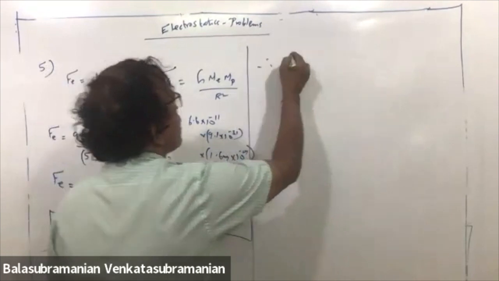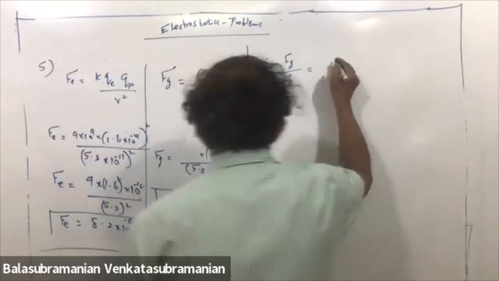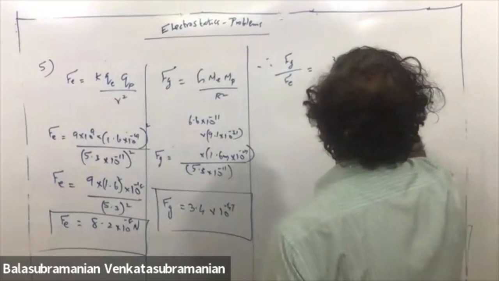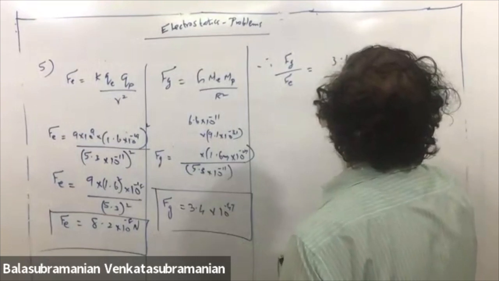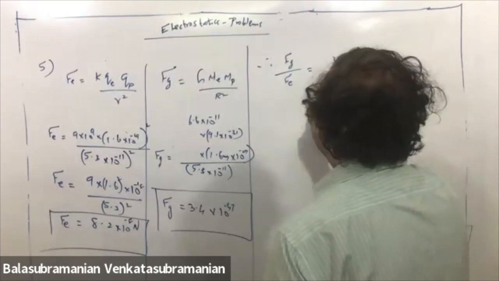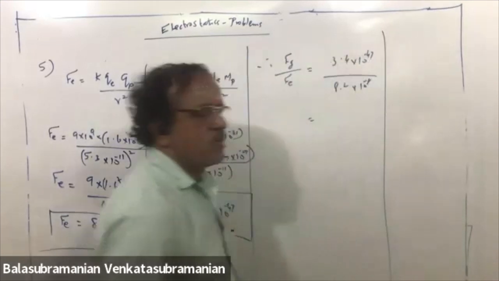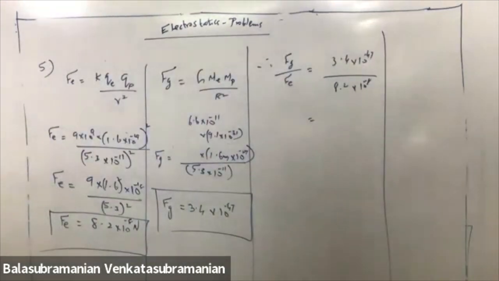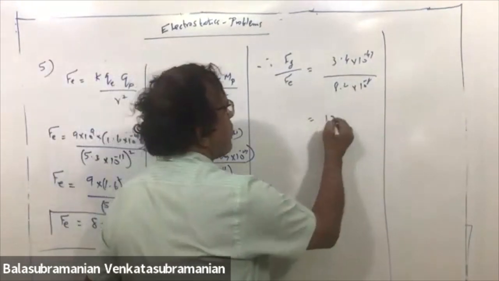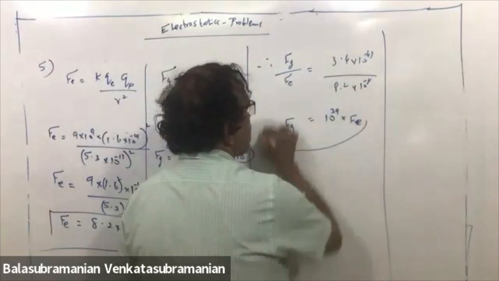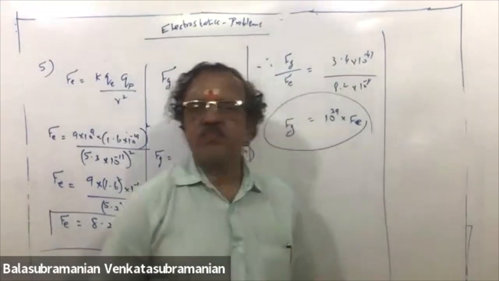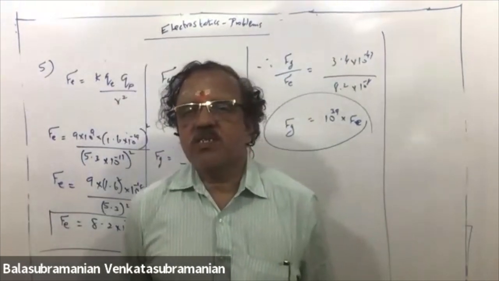So when you compare Fg by Fe, 3.4 10 power minus 47 by 8.2 into 10 power minus 6. That you compare, that answer only we are getting nearly 10 power 39. So Fg is equal to 10 power 39 times of Fe. Okay, so this is fifth problem.